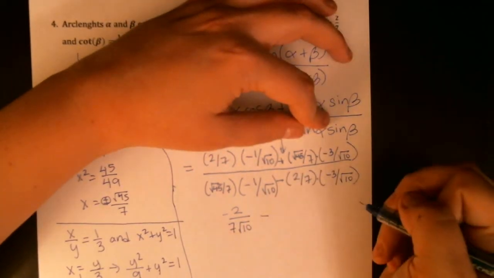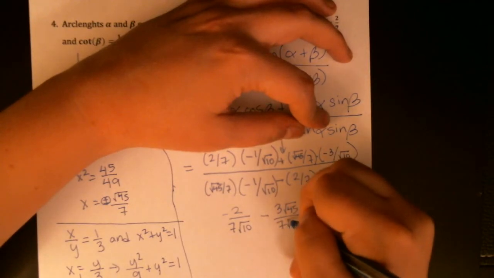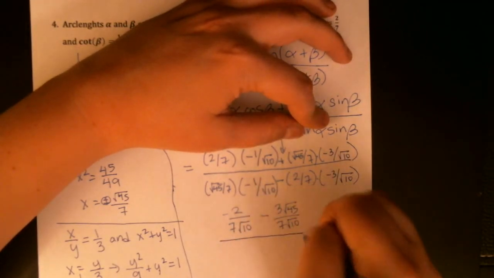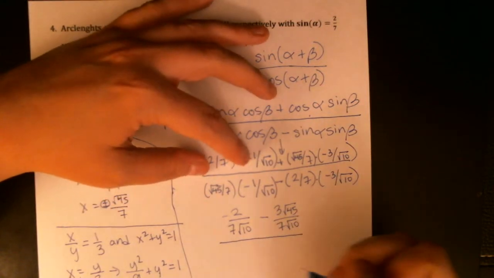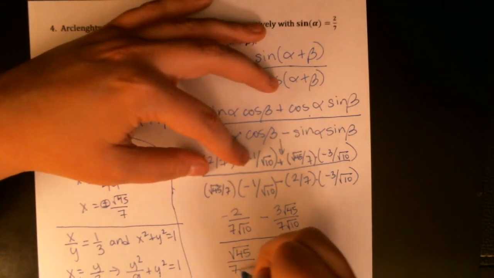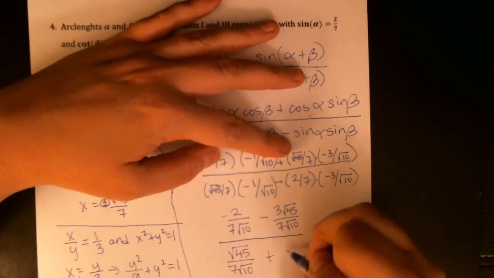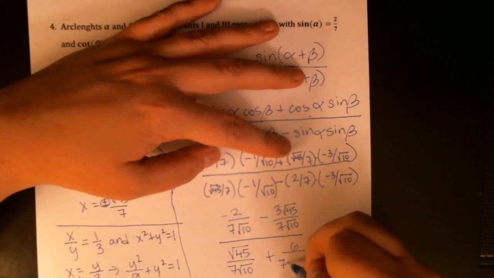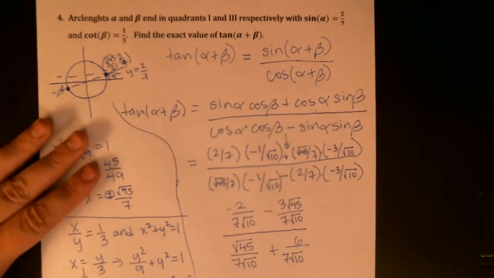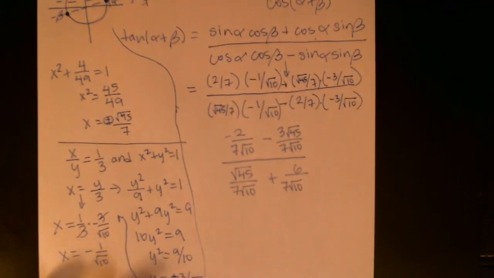And then minus 3 root 45 over 7 root 10. And then on the bottom, I have root 45 over 7 root 10 plus 6 over 7 root 10. Okay, so there's just the multiplying some of those internal fractions.